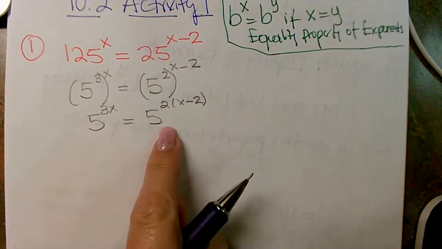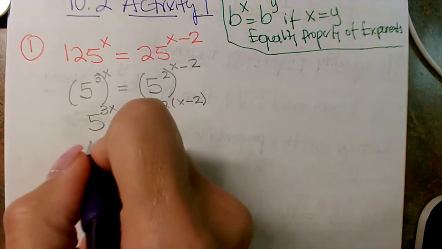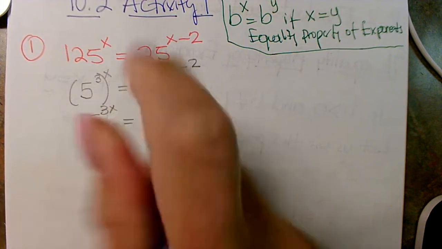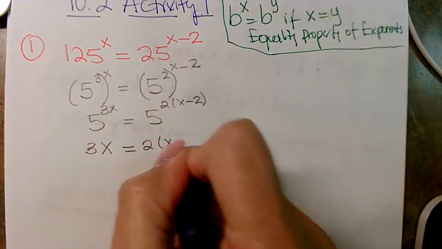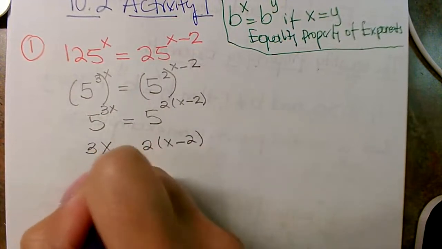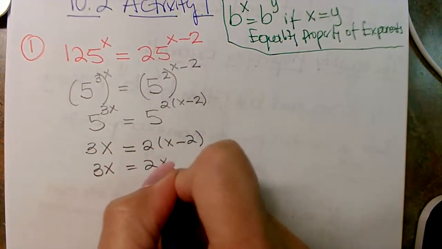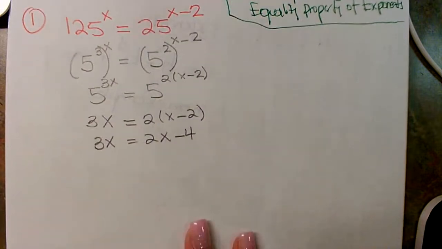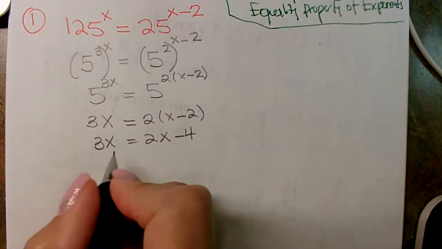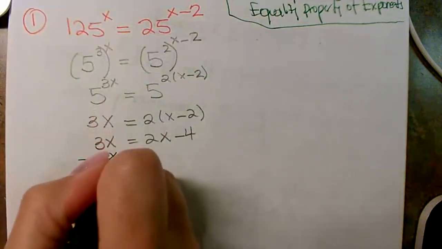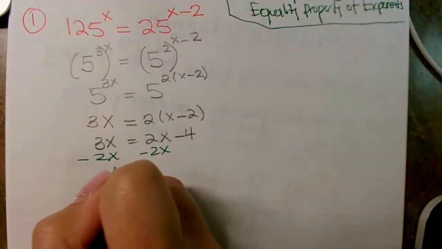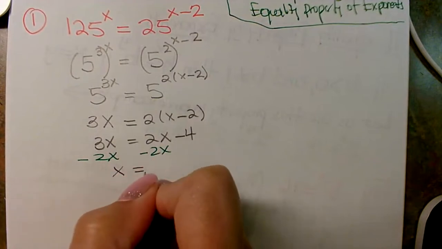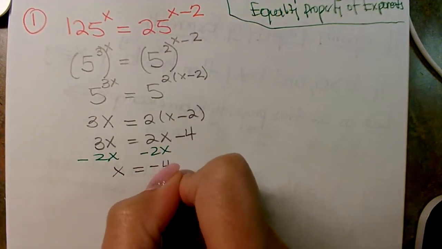We have the same base now, right? So applying the equality property, 3x is equal to 2 times x minus 2. Let me distribute this. x is equal to -4.